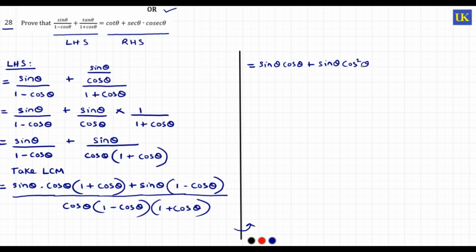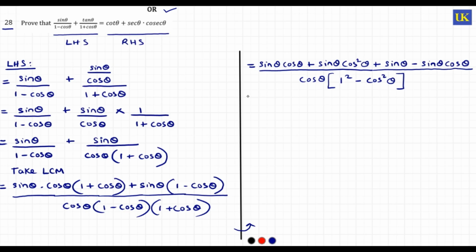Then plus here sin theta, and minus sin theta into cos theta, and in the denominator part we have cos theta outside, and we have 1 square minus cos square theta.